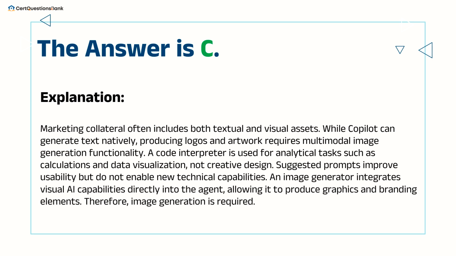Suggested prompts improve usability but do not enable new technical capabilities. An image generator integrates visual AI capabilities directly into the agent, allowing it to produce graphics and branding elements. Therefore, image generation is required.